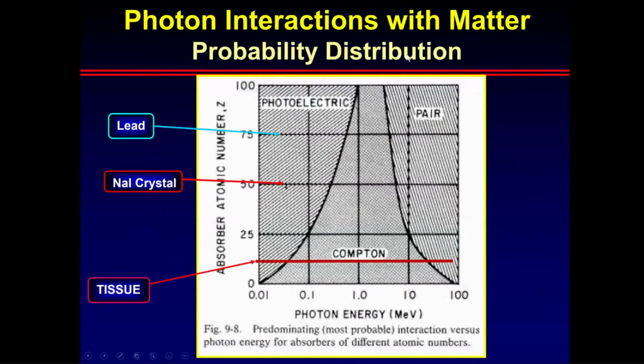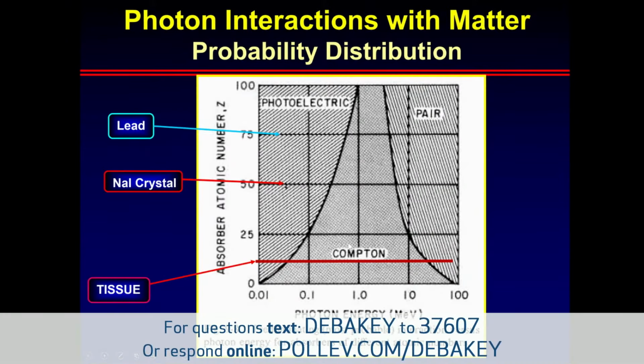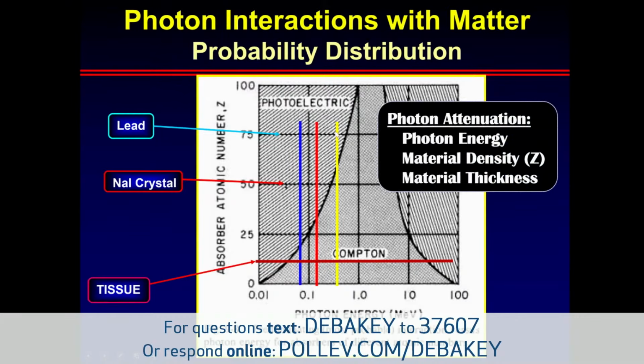Okay. Now, what is the likelihood of seeing either a photoelectric effect, where you basically get annihilation of the photon and it's converted to energy, or a Compton effect, where you actually get scattering? It turns out that in lead, and it doesn't matter whether you do this with PET agents or with technetium-99m, which is 140 keV, or thallium, you almost always see photoelectric effects, complete absorption of the photon.